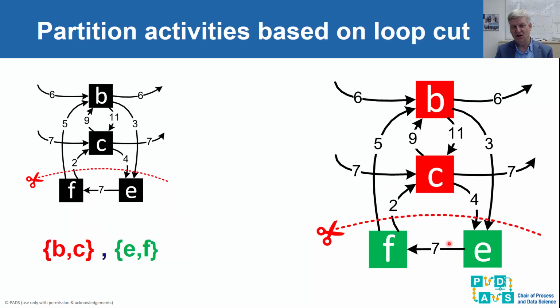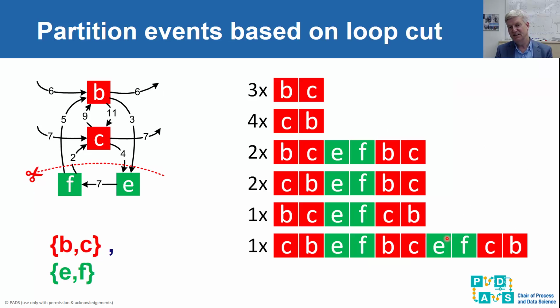We can again color it. Now we have just a binary partitioning, so we just need two colors, red and green. Here I'm coloring the activities. I can again color the activities in the log. So we have now the red sublog and the green sublog. Because we are now using a loop cut, we cannot simply concatenate, for example, this BC with this BC.